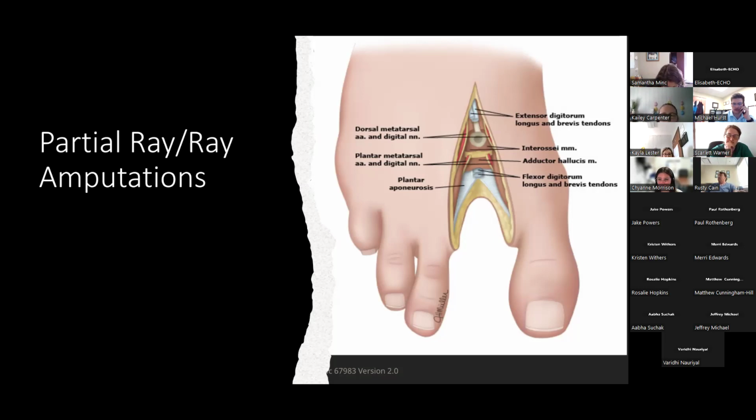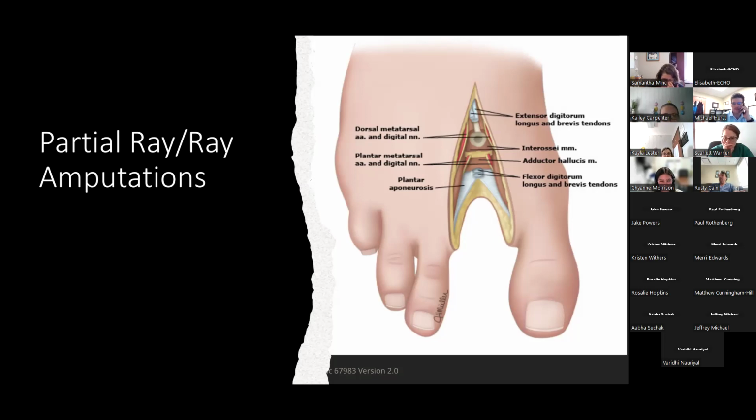A lot of times when we're performing these, sometimes the x-rays can be deceiving or not definitive there, whether or not we need to perform a partial ray amputation.